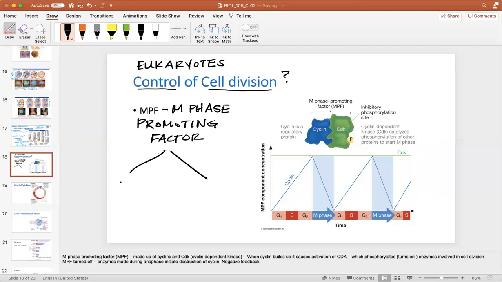The first component is a protein called cyclin, and it was named cyclin because researchers noticed that it cycled up and down in its concentration according to when the cell was dividing. The second part of M-phase promoting factor is abbreviated CDK, but that actually stands for cyclin dependent kinase.